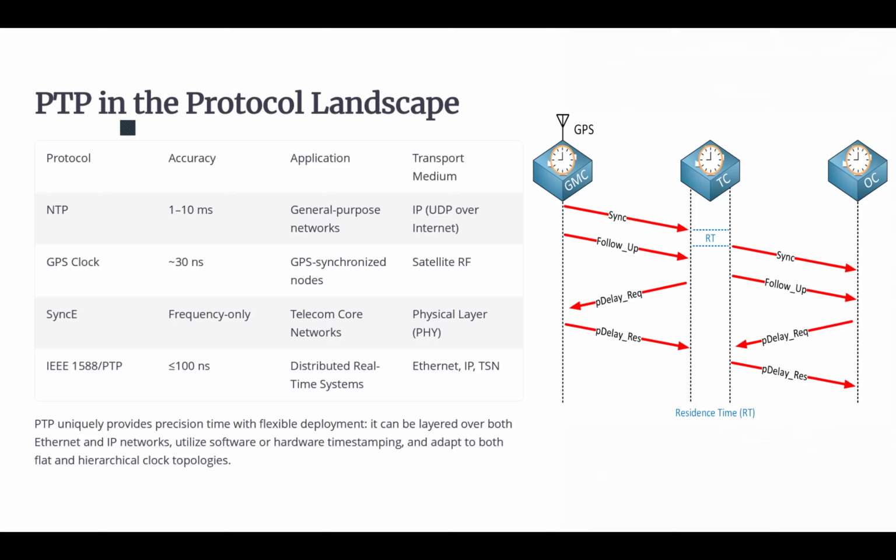NTP offers about 1 to 10 milliseconds of accuracy. It is normally used for general purposes, like office computers. NTP is very good for general tasks like your computer's clock scheduling or email scheduling, but it's not precise enough for industrial or scientific systems that need near-perfect timing.